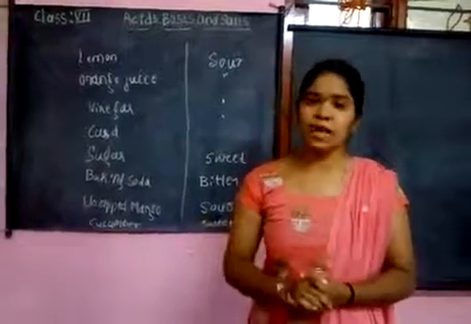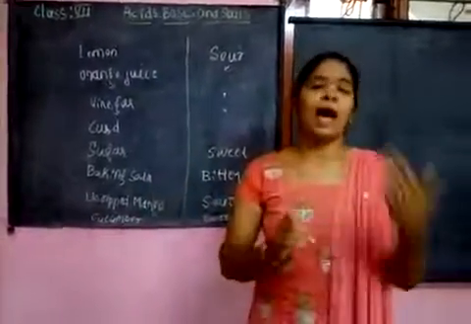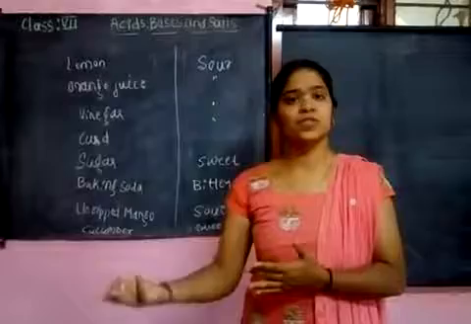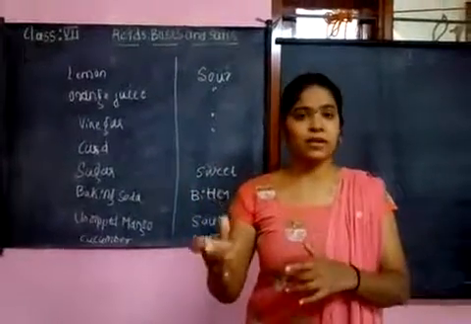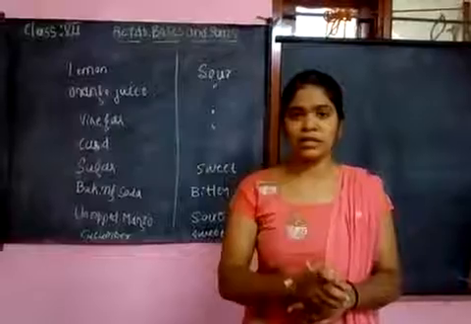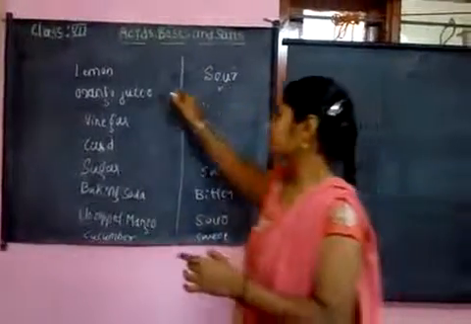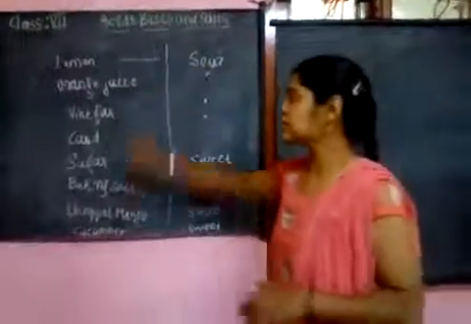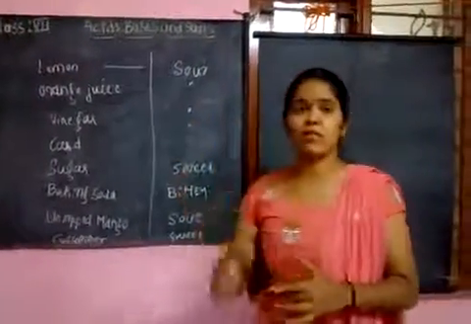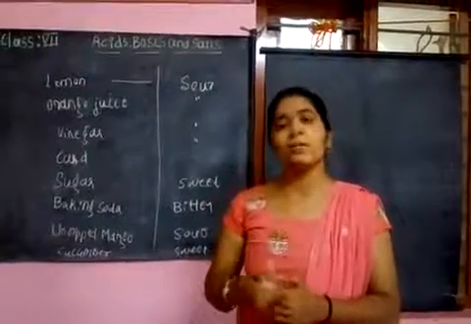So using these, we are going to differentiate these food materials into acids, bases, and salts. The substances which have acidic power in that food material, we call them acid materials. Firstly, if we consider the lemon, which has a sour taste, in this lemon there is the presence of an acidic material, that we call an acid material.